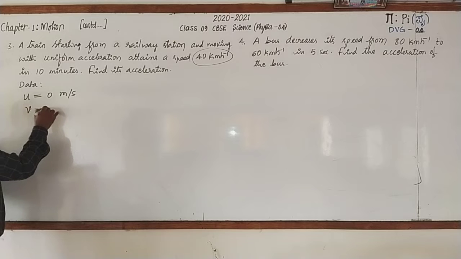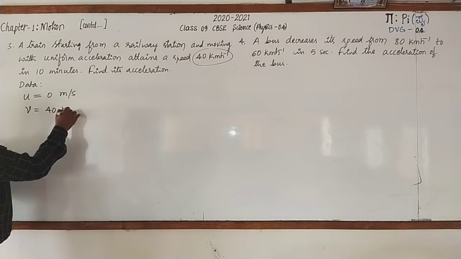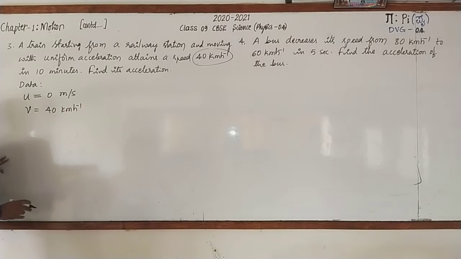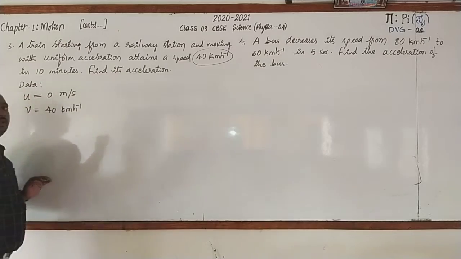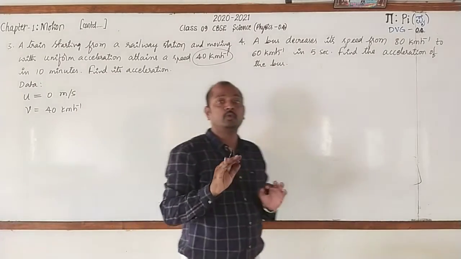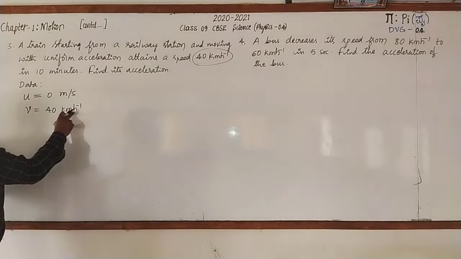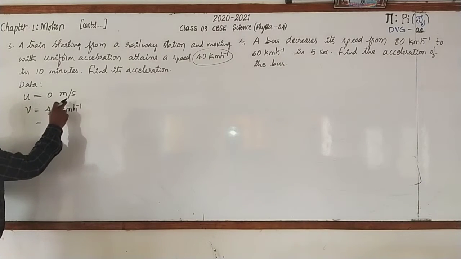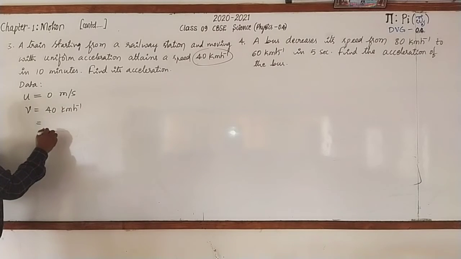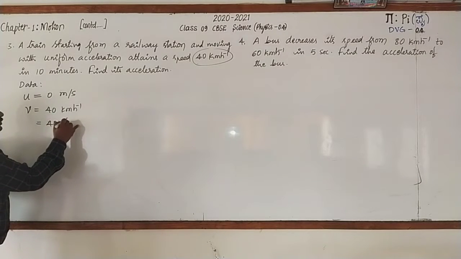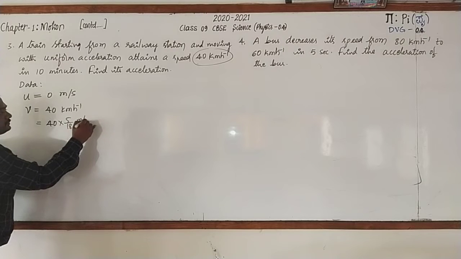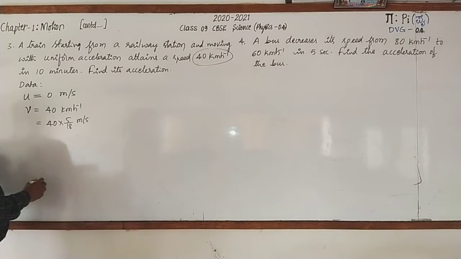That is the final velocity, 40 km per hour in 10 minutes. Whether the units are in standard? No. Hence, we have to convert them into standard ones. Here second is there. Here also it should come in meter per second. 40 into 5 by 18 meter per second.